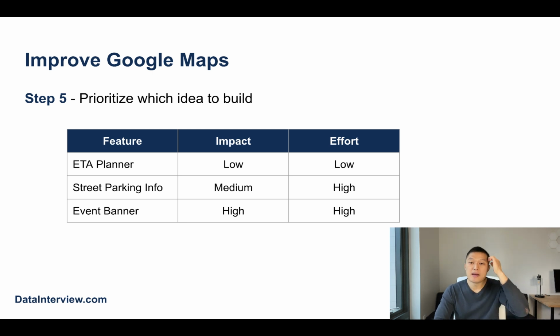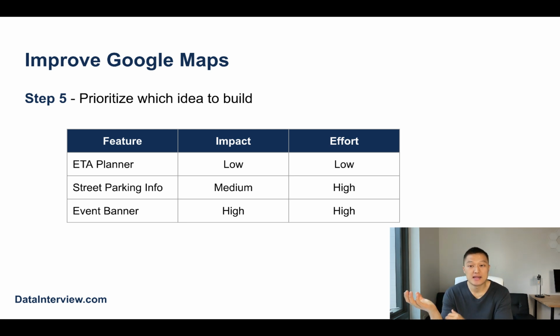And so with this impact versus effort analysis, for each idea you're evaluating whether it has low, medium, or high impact, and whether it has low, medium, or high effort. And ideally, you want to pursue an idea that's going to return high impact with low effort, as opposed to high impact and high effort. And of course, there are some exceptions to that, but generally, that's what's desired, right?